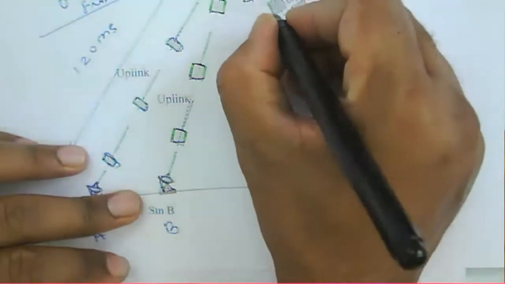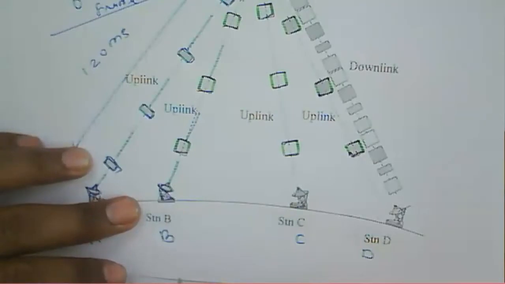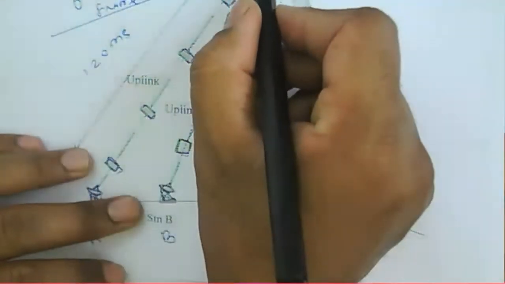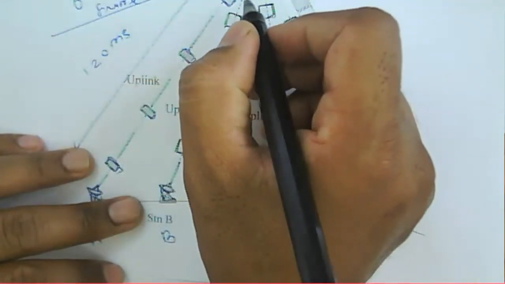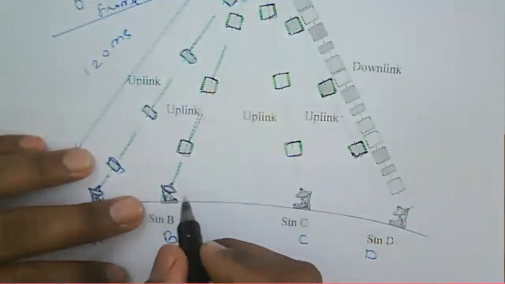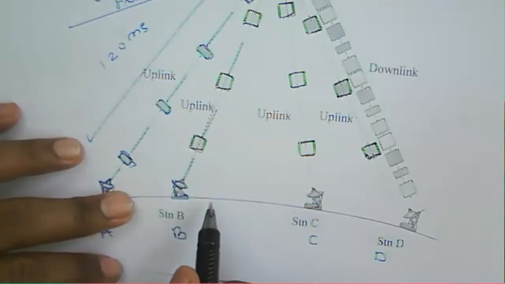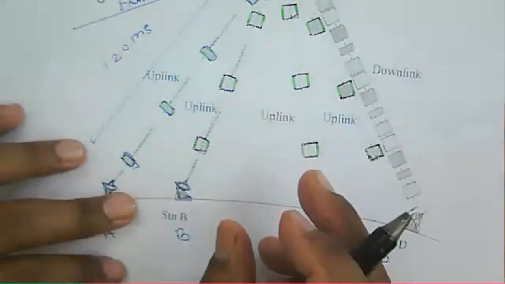So now at this place, it will arrive. These are the uplink. From the different earth stations, it will arrive at the satellite at different times. So that's why there is a probability that the bursts from the different stations may overlap on each other.